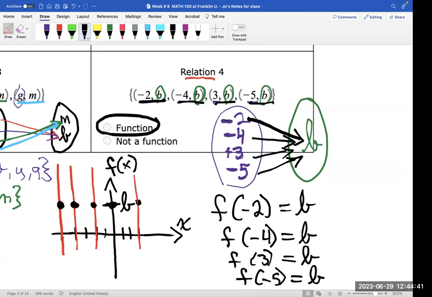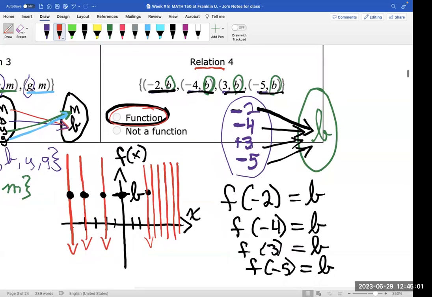Now, yes, I have drawn 4 lines. I could draw 4,000 lines. All of these other lines will not touch any point. But these 4 lines actually do touch my function. They touch in one point. So yes, this is, again, another way to say it is a function.